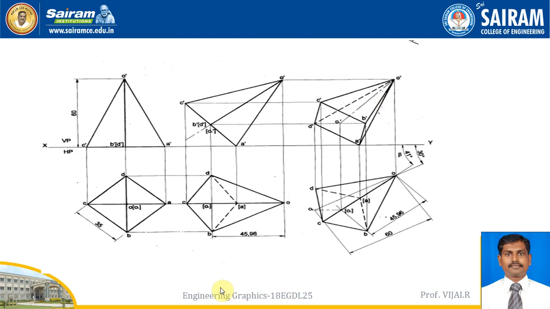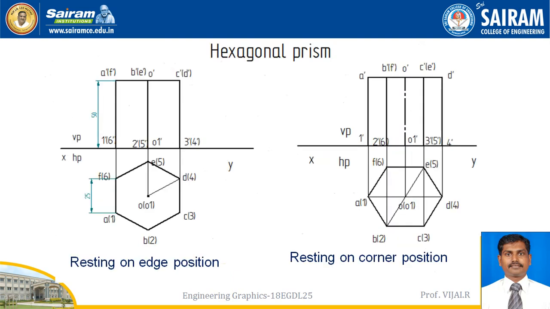There are three different types of problems in prisms and pyramids, but the shapes may be different. So instead of a square prism, a hexagonal prism can be given.